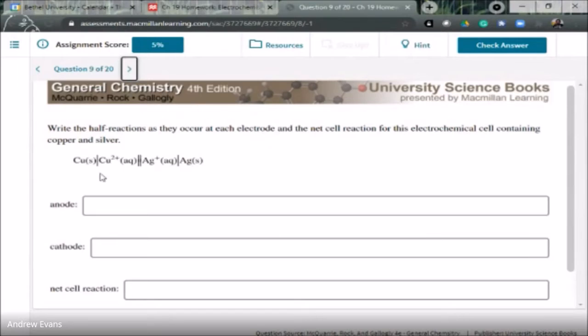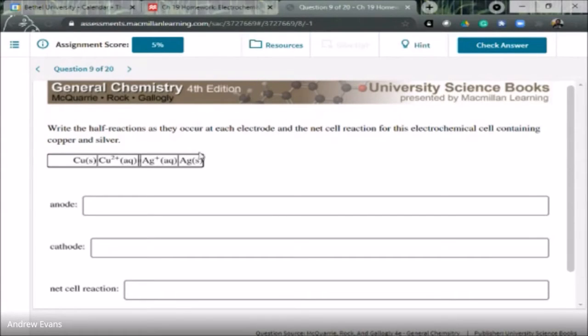Remember, when we write these half reactions, this is just a word version of the diagram of that battery. This is the anode. This is the cathode. This is reading from left to right. Copper goes to copper 2+.